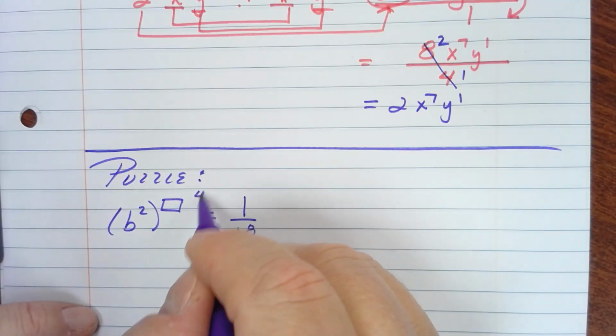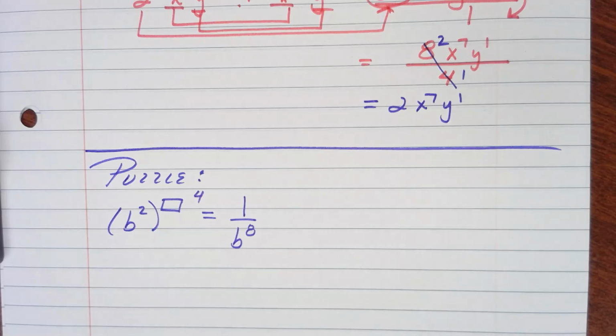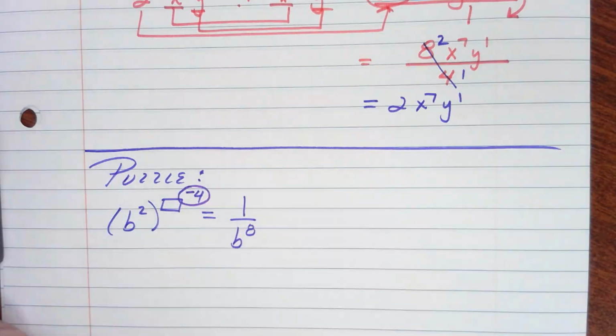Two times 4 gives me 8, right? Everybody agree with that? But how to get to the denominator? It was negative. Correct. So negative 4 is the correct exponent.